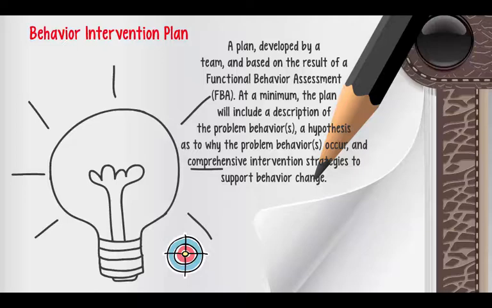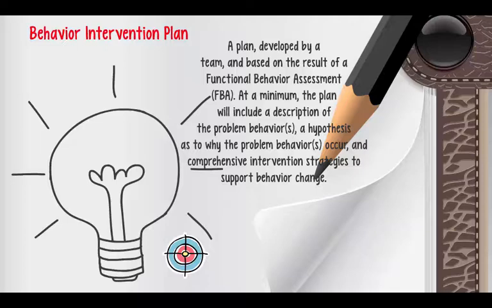And then finally, you should have a comprehensive intervention strategy mapped out for you in the plan as well. So to recap, at a minimum, it includes a description of the problem behaviors, hypothesis statement in terms of why the problems are occurring, and then a comprehensive intervention outline for your review.